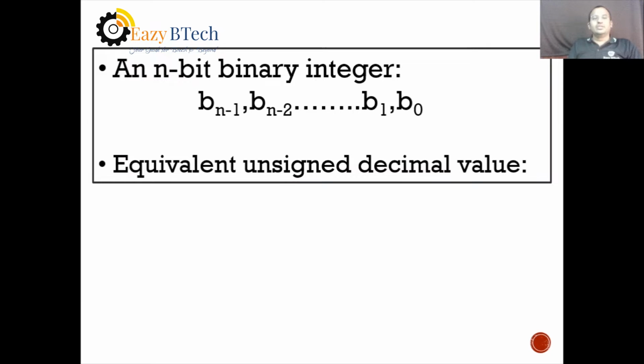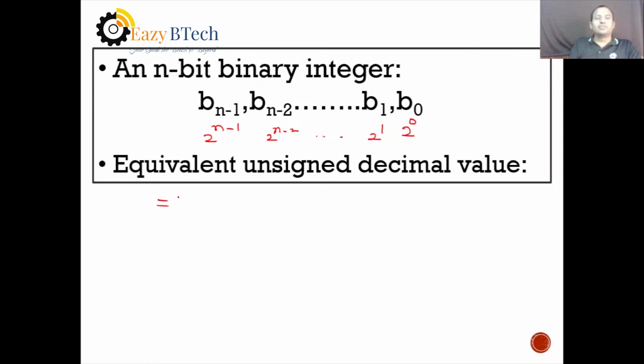Similarly, what is the corresponding decimal value if I take an n-bit unsigned binary number? It is simple. We assign the weights starting from the LSB: 2 power 0, 2 power 1 and so on, up to 2 power n minus 2 and 2 power n minus 1. We multiply each bit value with its respective weight and then sum all those values.